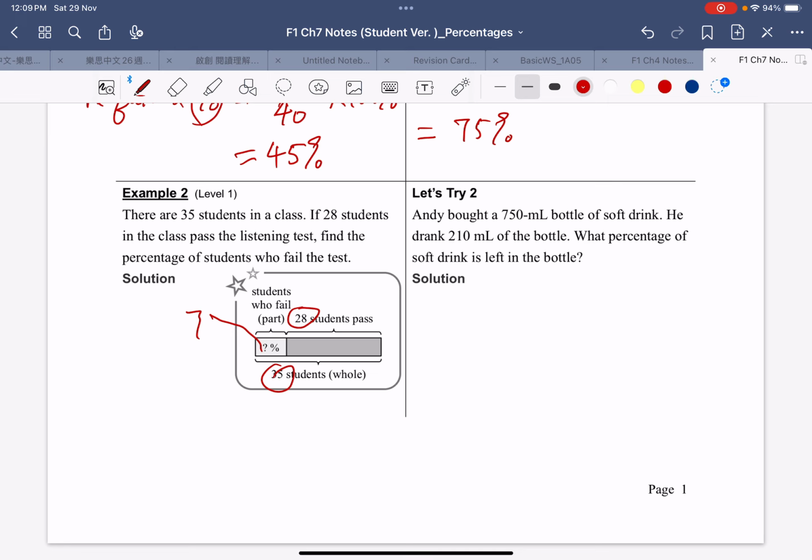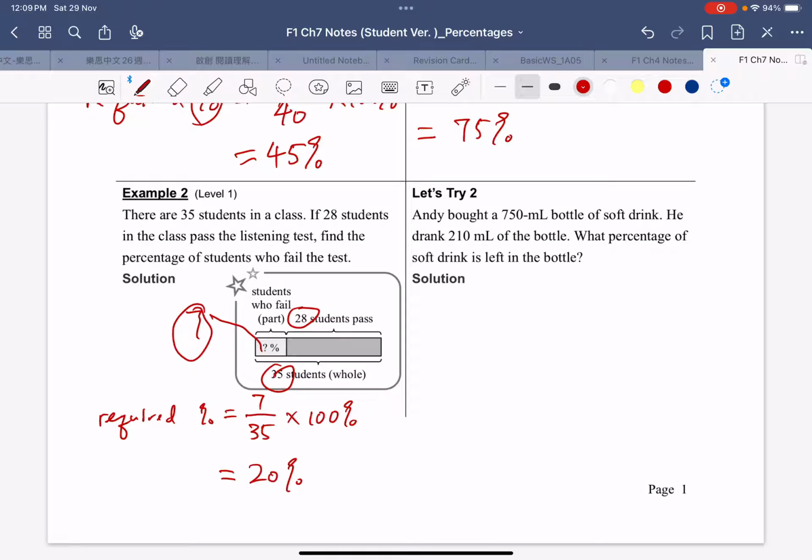The required percentage of failed students will be 7 who failed, and the whole is 35, times 100% always will give you the required percentage, 20%. Now it is a subtraction here to give the part 7 here.